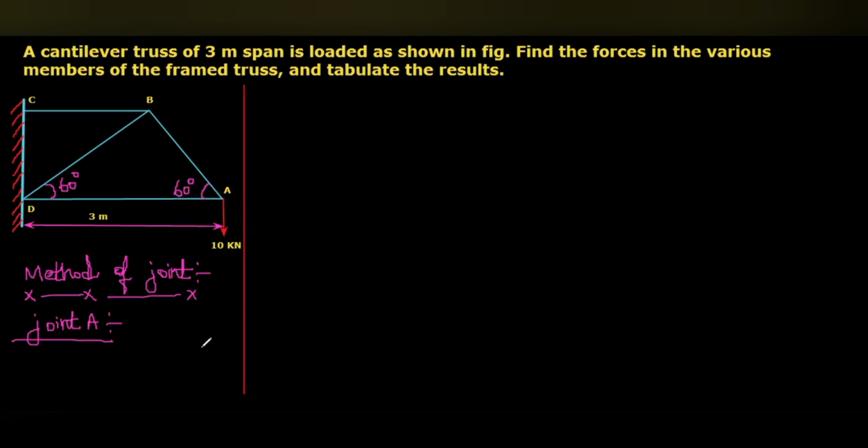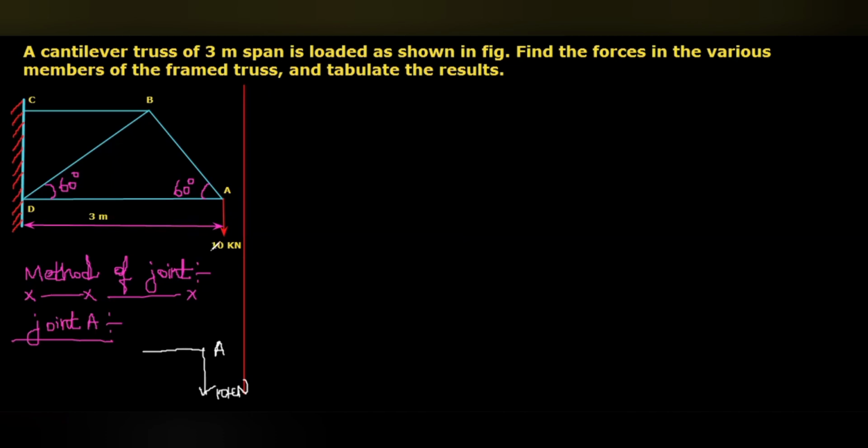In the free body diagram of joint A, the 10 kilonewton acts exactly downward. Then the horizontal member AD, its force is going to act horizontally, but the direction is not yet calculated.